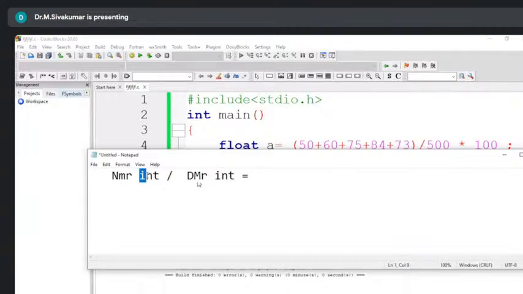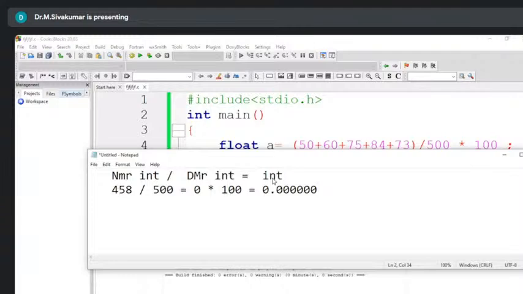If I have an integer as a numerator and an integer as a denominator, in C programming it will give the answer as an integer. In the same way, if I have my total of even 458 divided by 500, what happens? We'll get an answer of 0. We will not get any fraction. That is the problem happening here. So that 0 into 100, you will get an answer of 0 point. Additionally, fractions will be added as 0. This is the problem in calculation.